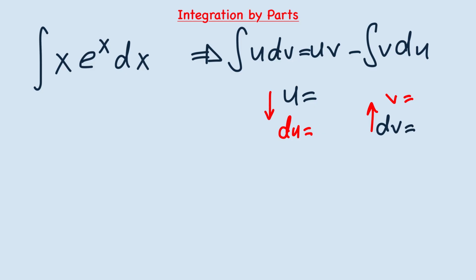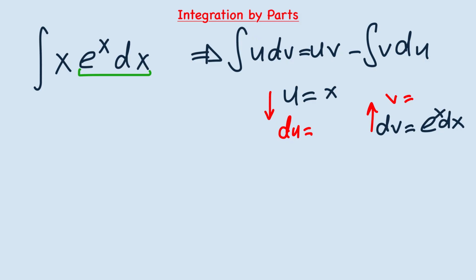So you always have to choose the factor that gets easier when you differentiate it, and the other one will be dv. So let us continue now. We will set u as x, and the remaining stuff we should set as dv. So it will be e^x dx.